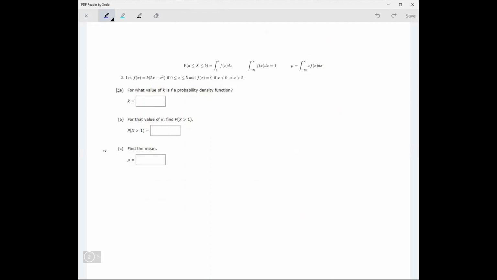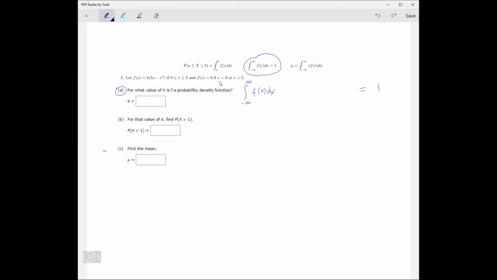Again, for part A, it's this condition that we're looking for. That needs to be 1, integrating from negative infinity to infinity.